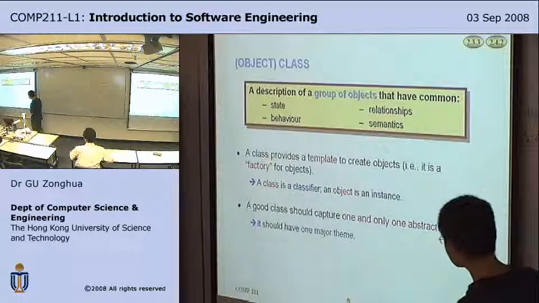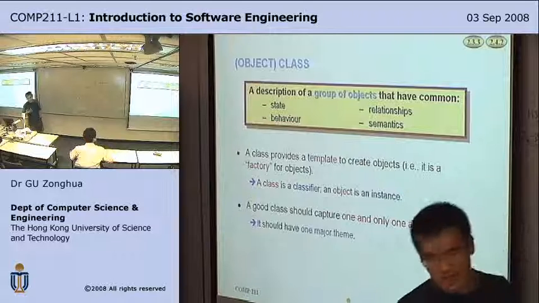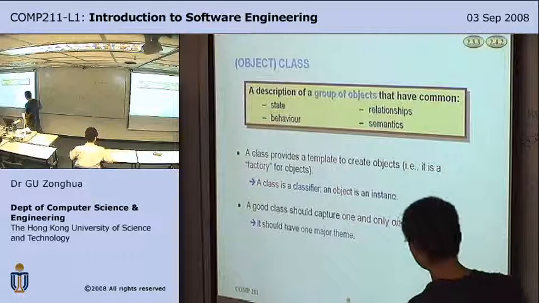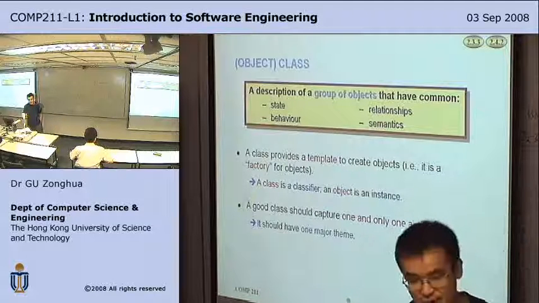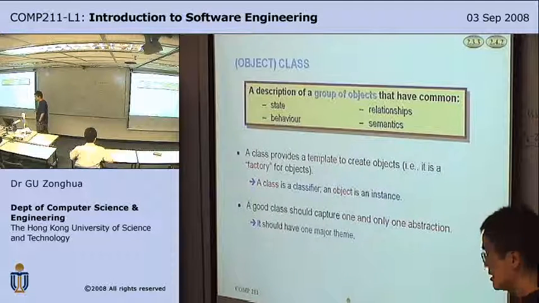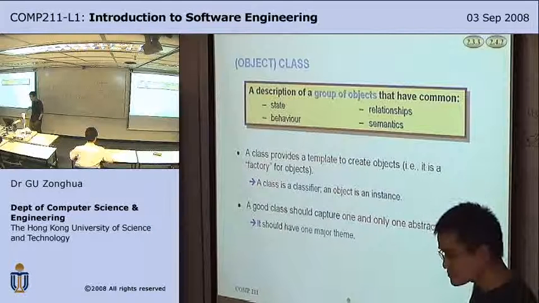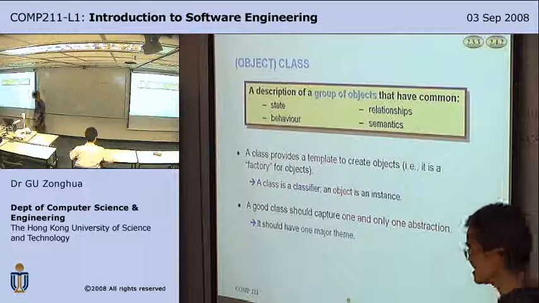So, for example, if you have a car class, that's one design, or you can have a more fine-grained design that is, say, a SUV or a sedan or a truck. Which abstraction level is better depends on your application domain.